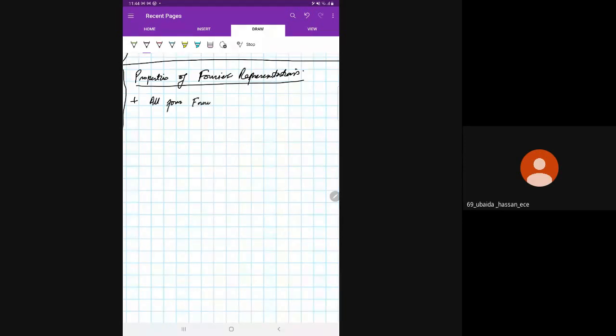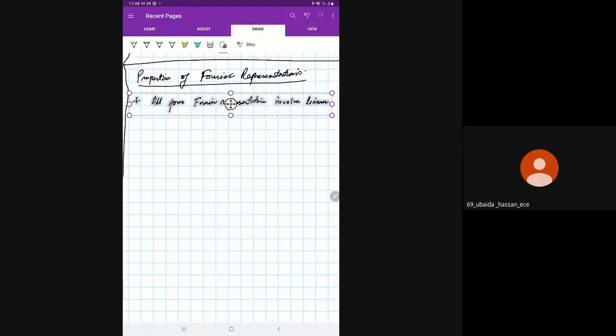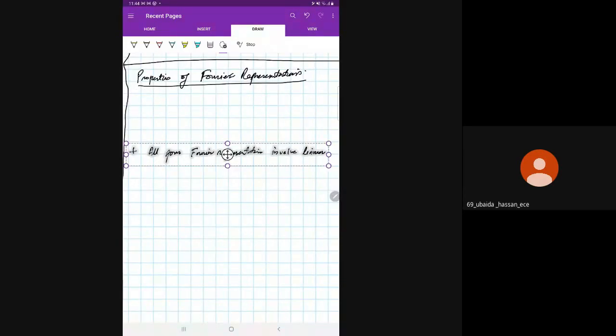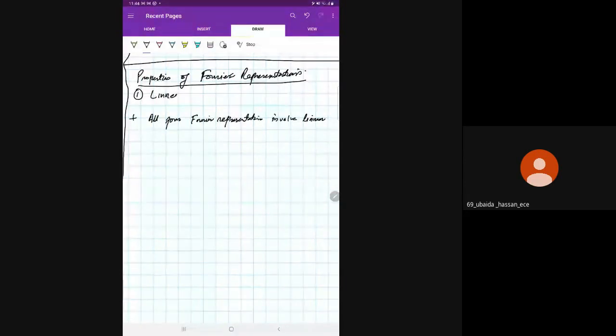Fourier representations involve linear operations. So this is property number one, which is the linearity property.